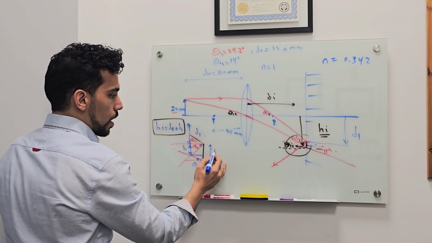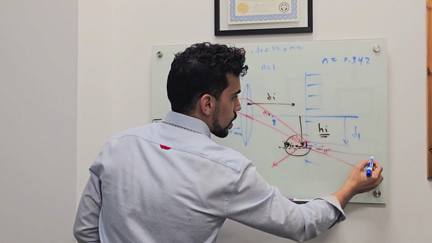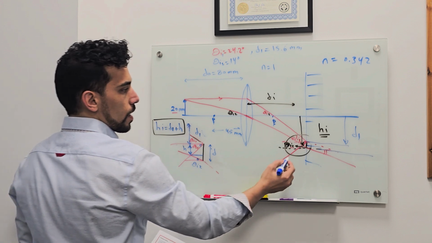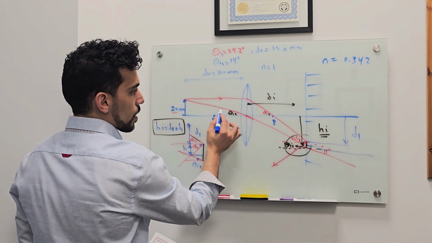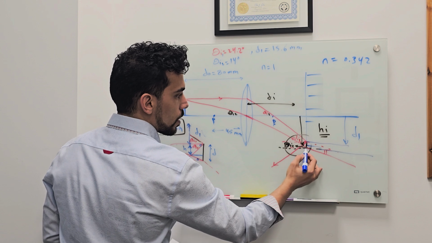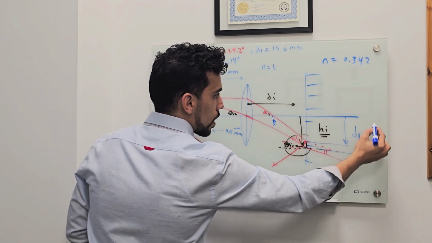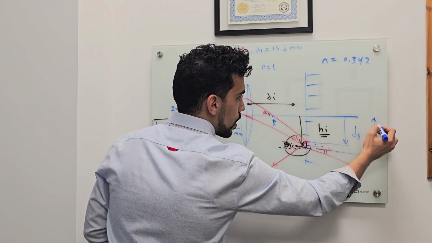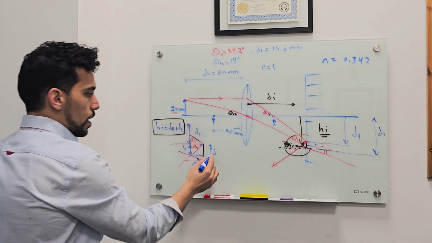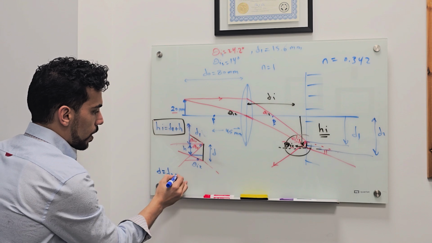And we can see that from this graph, the second line that goes through the central point hit the new material at this point, so we see this is d2. So we can see that d here is equal to d2 minus d1.